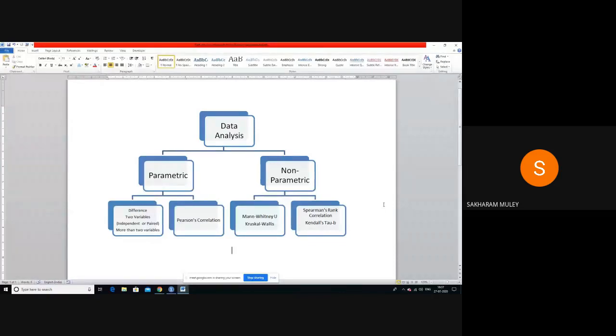When we start data analysis, the first thing is to know what types of tests we can use. Today we are going to talk about two tests which are used very frequently for data analysis. I'm adding a few more tests from the non-parametric domain, otherwise it will not be a complete explanation for the comparison of differences.